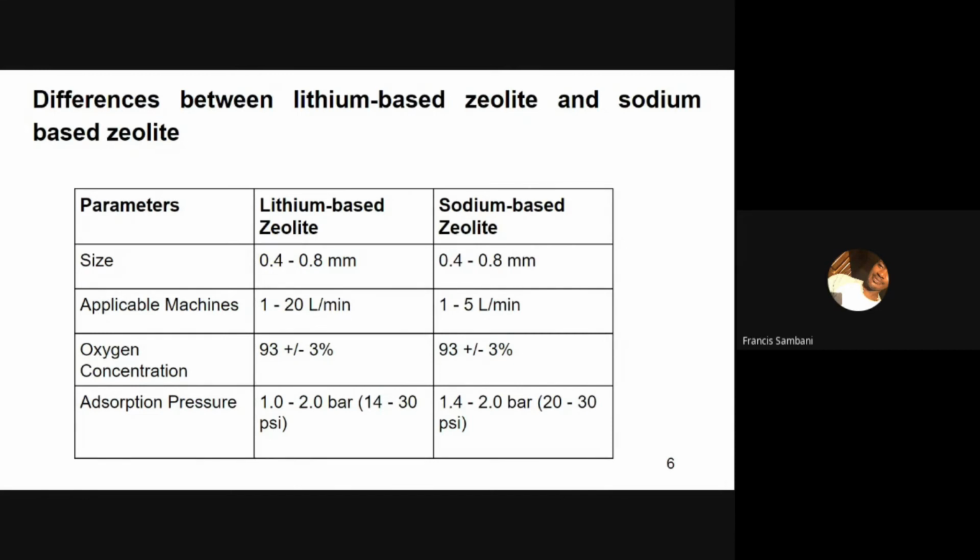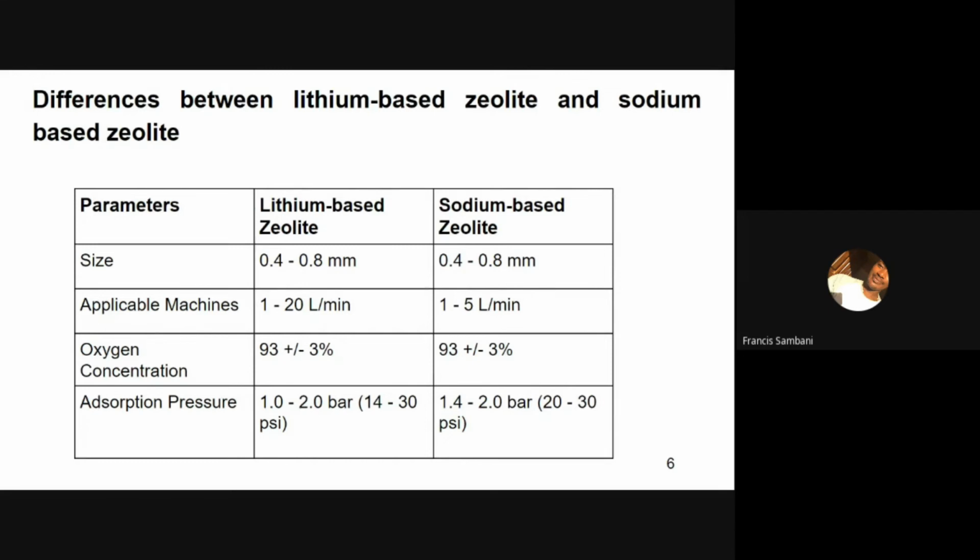So as manufacturers started to focus on making smaller and more portable oxygen concentrators, they started using the lithium-based zeolite. This is especially true for the portable battery-operated oxygen concentrators with shorter straps.